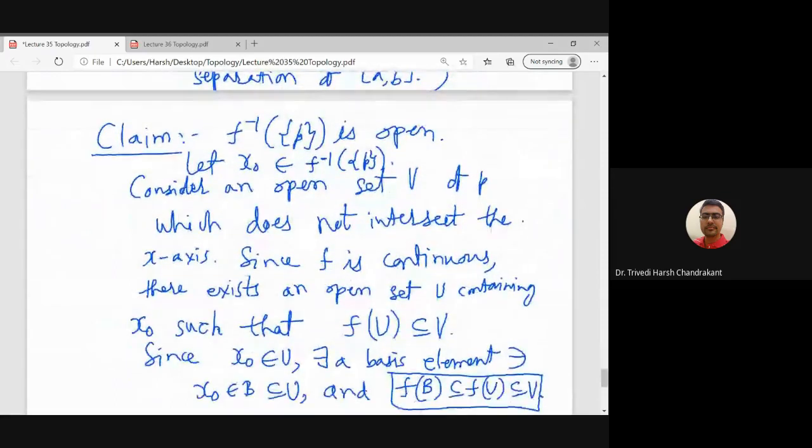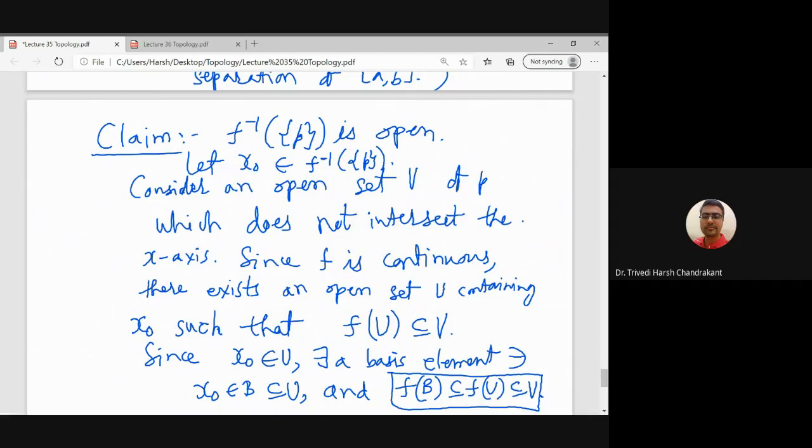So finally our claim is that we want to show f inverse of singleton P is an open set, where f is a continuous function from the closed interval [a, b] to the deleted comb space, P is that point (1, 0) in the deleted comb space, and f of a is P. How do we show any set is open?